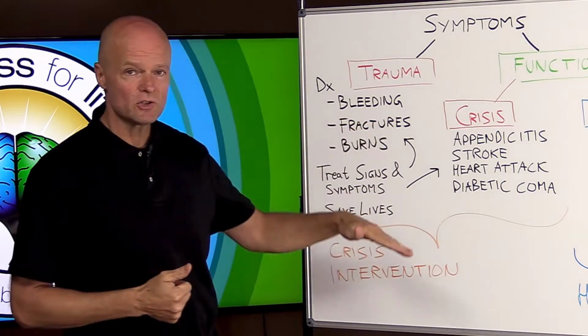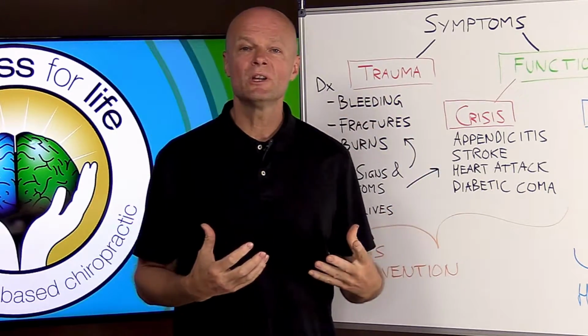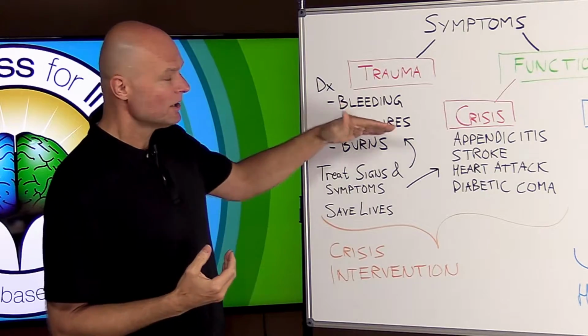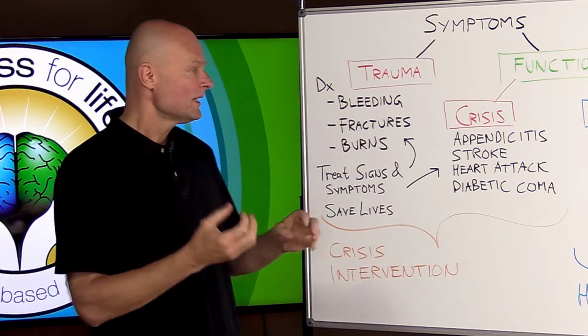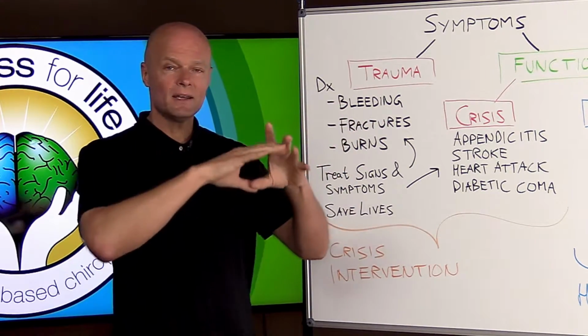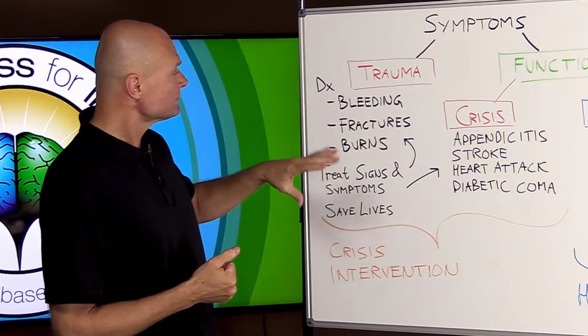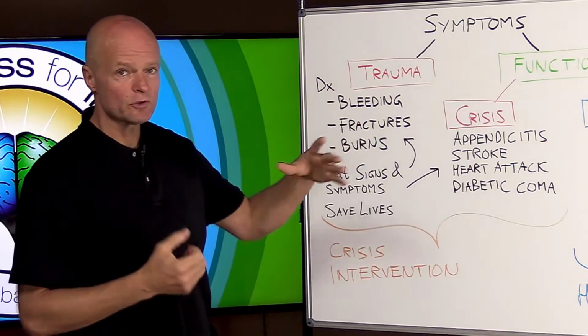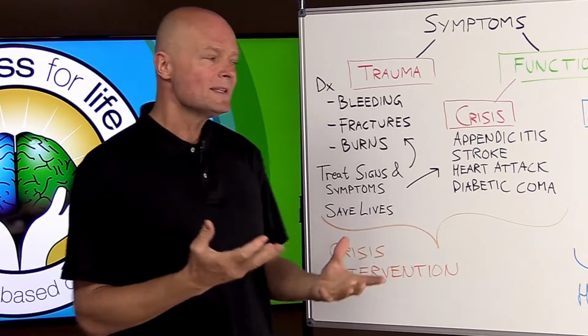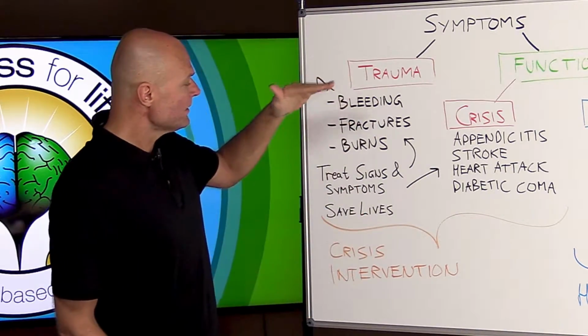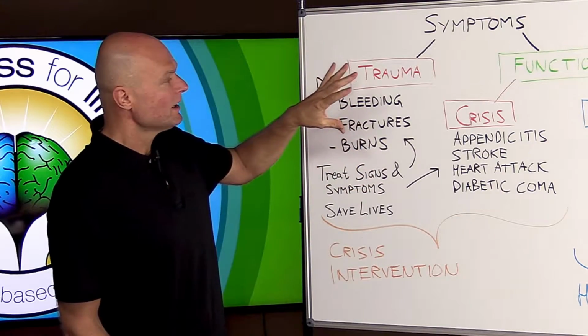You could have a fracture to any bone in the body, and they make a diagnosis. They figure out where it is. They treat it. They set it. They give you a cast, and they allow time to heal. Burns are another form of trauma. So in all these cases, it is very, very appropriate to make a diagnosis.